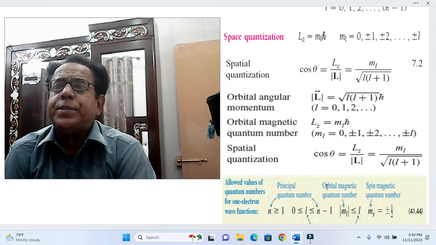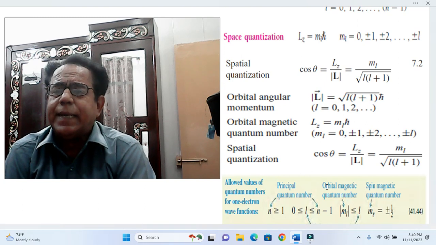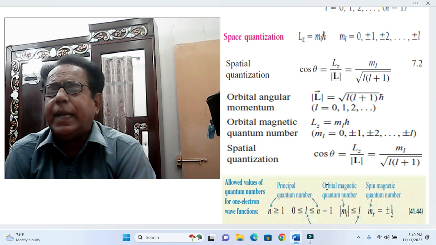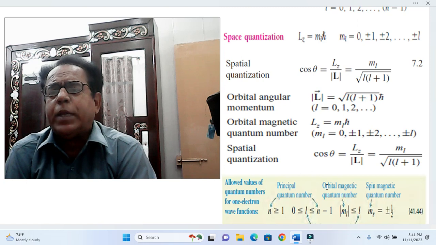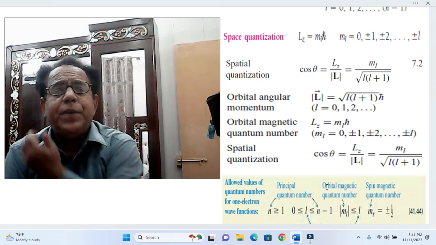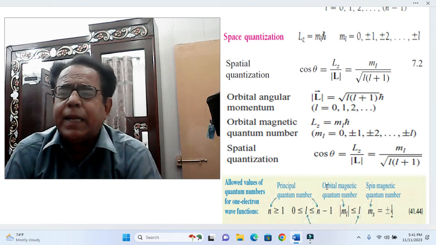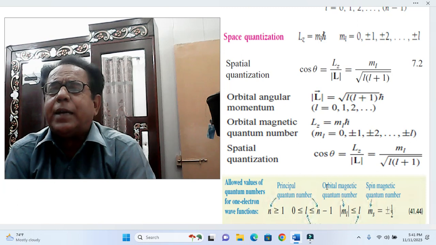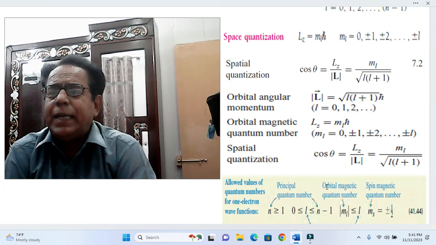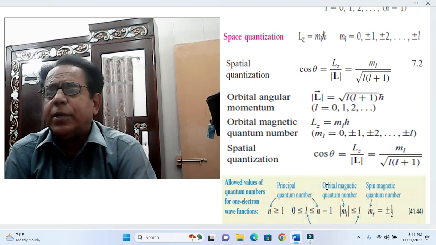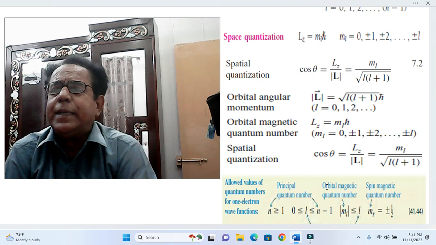In some books this subscript l is not written and simply m denotes m_l. Here h cut, or h bar, is Planck's constant divided by 2 pi. Here m_l is equal to 0, plus minus 1, plus minus 2 and so on up to plus minus small l.